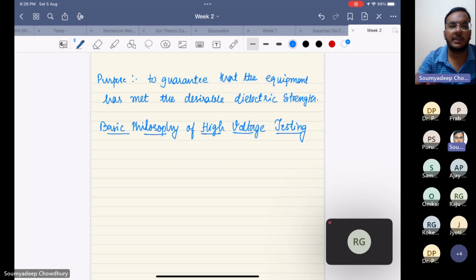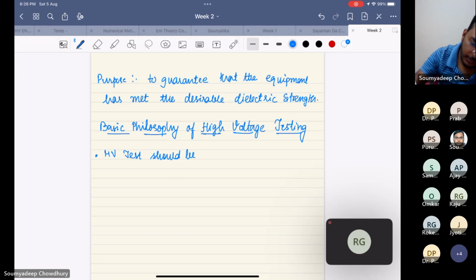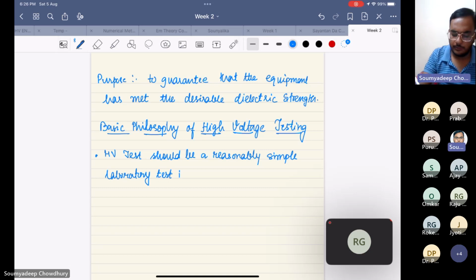So what is the basic philosophy of high voltage testing? For this, you need to understand what a high voltage test is expected to provide. It should be a reasonably simple laboratory test involving a reasonable time. Like your test cannot continue for 1 year, 2 years.